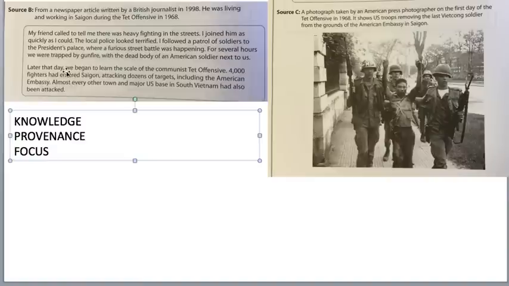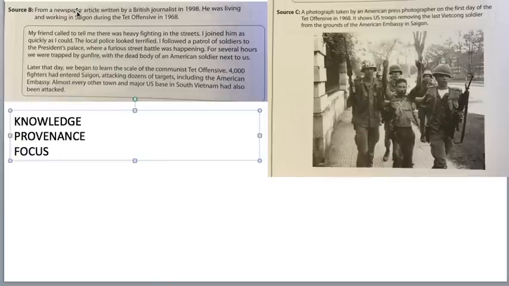But provenance, you're looking at, he did experience it himself, and he's a journalist, not a soldier. Perhaps he was traumatized by what he saw. It sounds quite a traumatic event, and maybe he himself has been affected by what happened to the extent that he makes it sound like the Viet Cong caused more carnage than maybe a soldier would have reported, because they were used to this sort of thing.